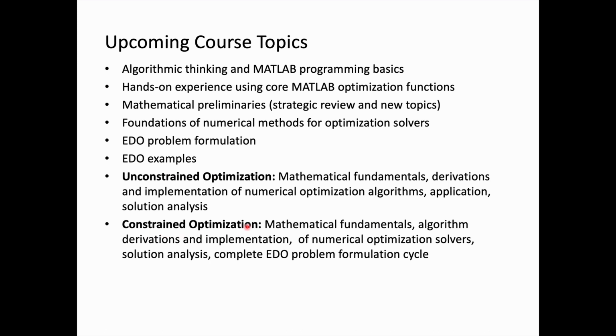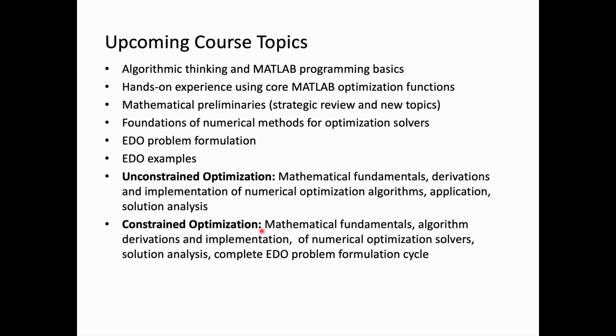Then we're going to move on to constrained optimization, which is what we're really interested in for engineering design. Constrained optimization builds on what we learn in unconstrained optimization. But as we mentioned, with physical system design and failure modes, typically those involve inequality constraints.